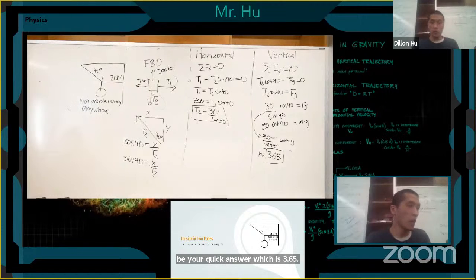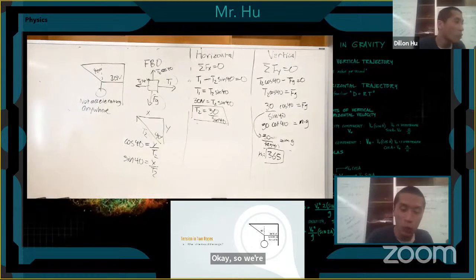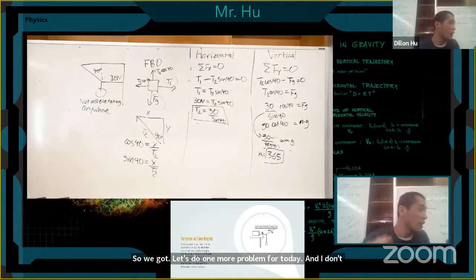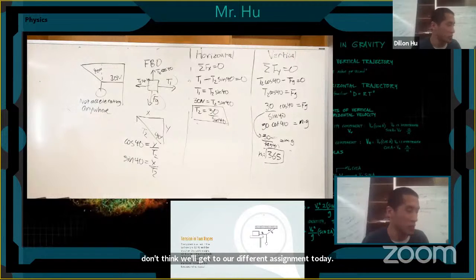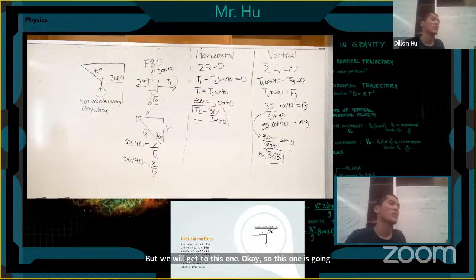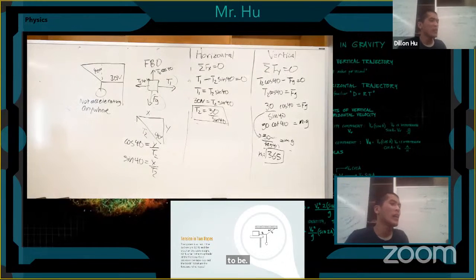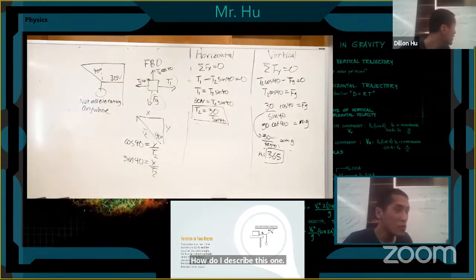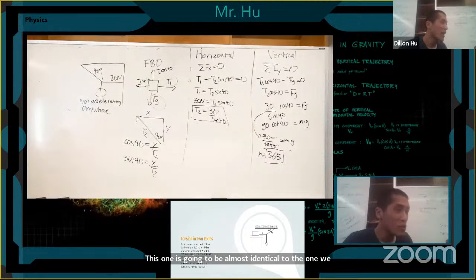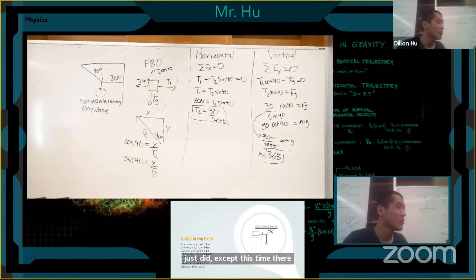Okay, so let's do one more problem for today. I don't think we'll get to the fun assignment today, but we will get to this one. This one is going to be almost identical to the one we just did, except this time there is a block on the table, and the table has friction.